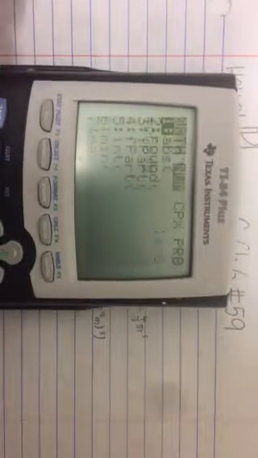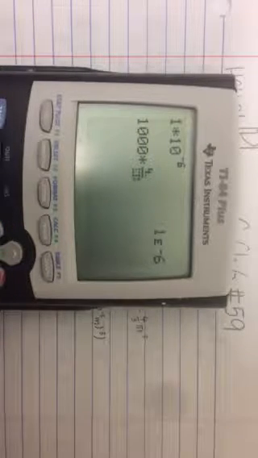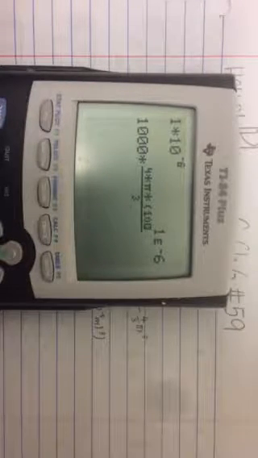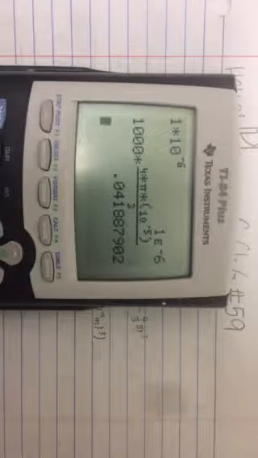So 1,000 times 4/3 times pi times 10 to the negative fifth cubed equals around 4.11 times 10 to the negative 11th, or that's what it should be.